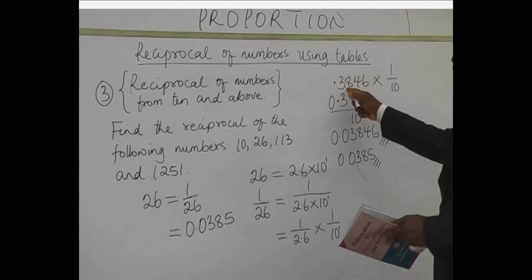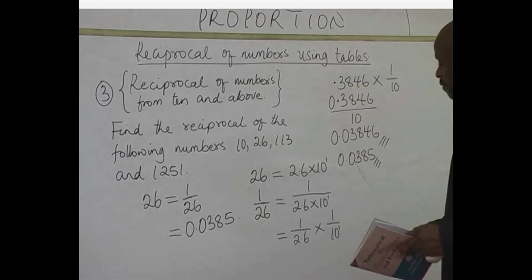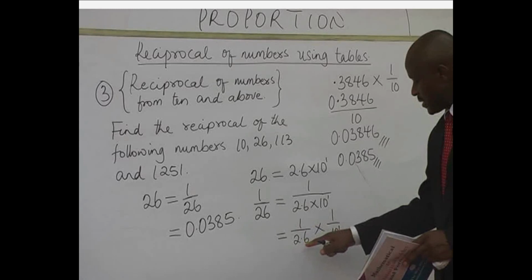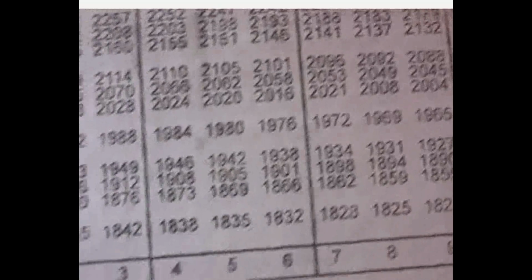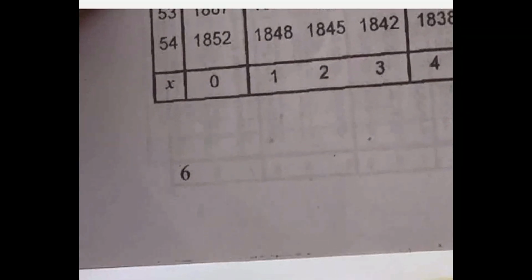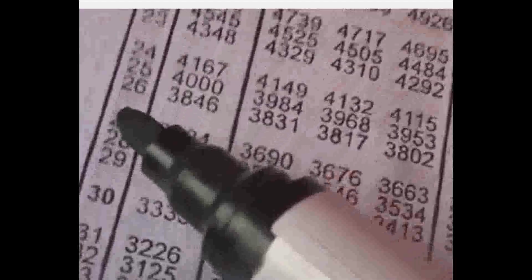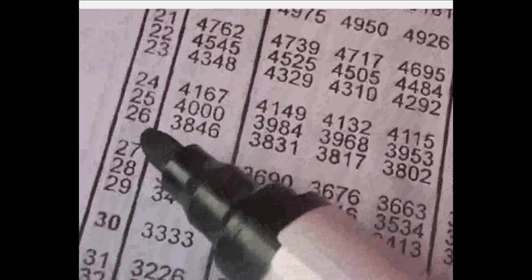I'm coming to show you how we got 3846 from 26 under 0. From page 6, we are looking for 26 under 0. Look at 26 there. You can see 26 under the column of 0.